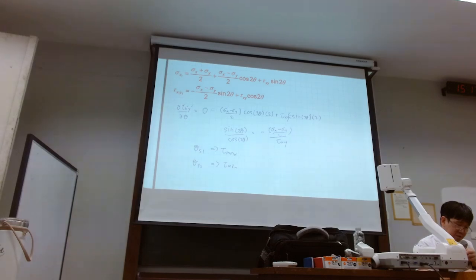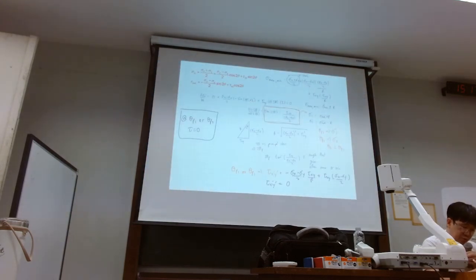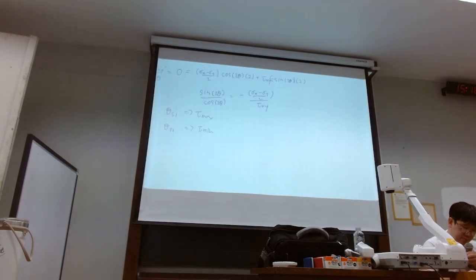Now, remember the triangle that I have for you before. Let me copy this. This is theta P. In the end, if you want to look at this, it has to go the other way because this one is a negative.